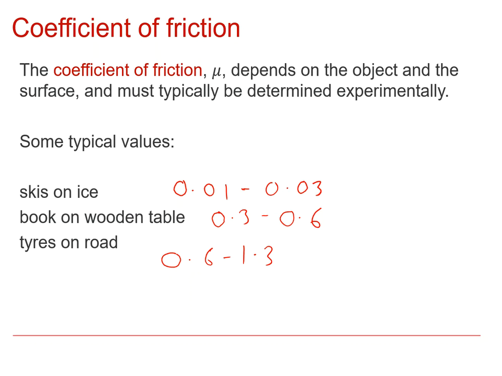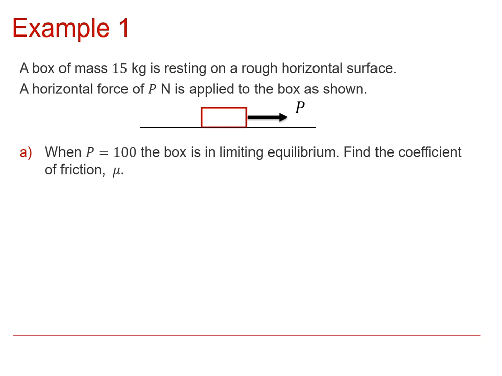So let's have a look at an example now. We've got a box, mass 15 kilograms. It's resting on a rough horizontal surface. And notice that we've met examples with a smooth surface as well. If we're told it's smooth, that means there's zero friction. If it's rough, then it means that there is friction.